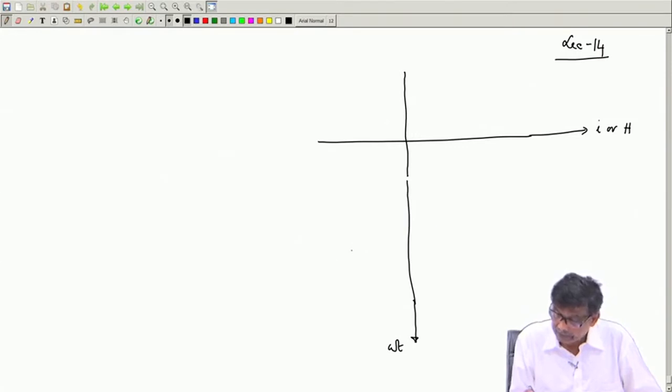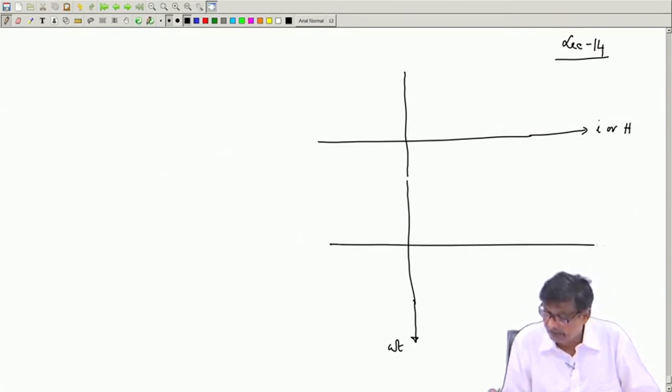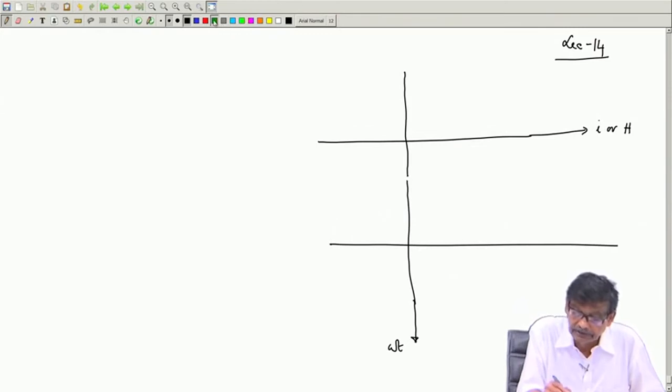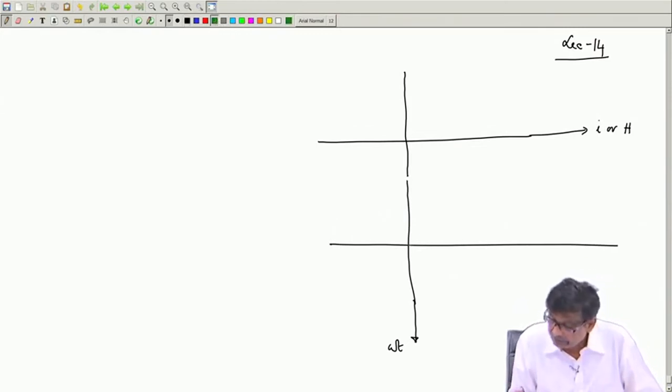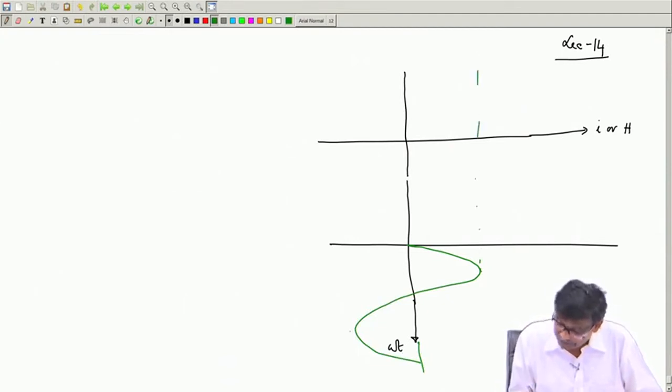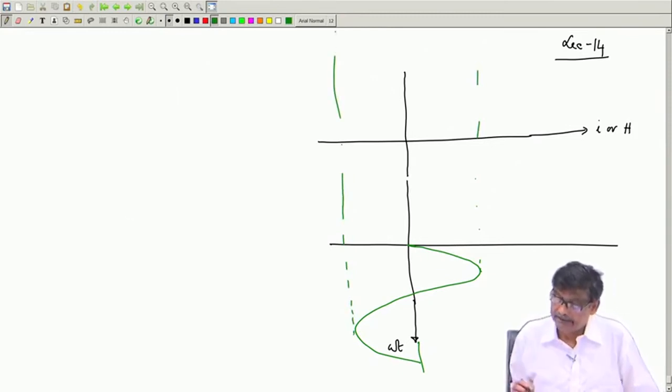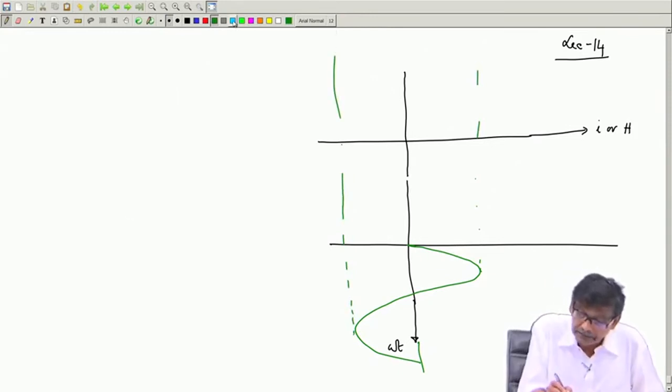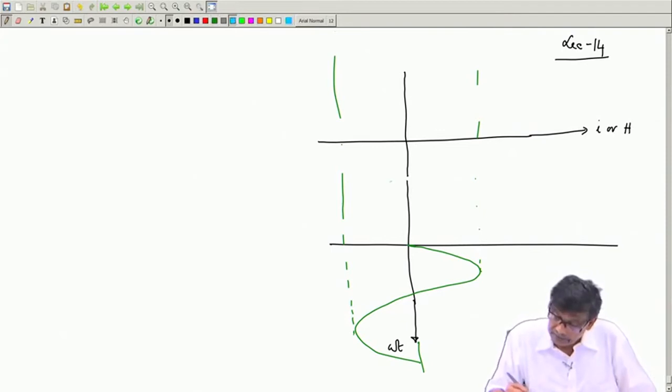Okay, so let it be like this. This is the variation of the current. So your BH curve will be like this.